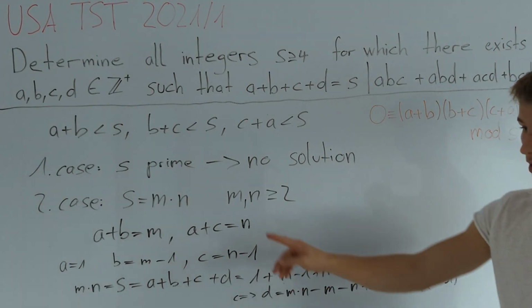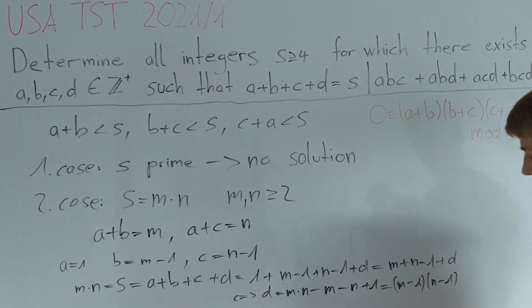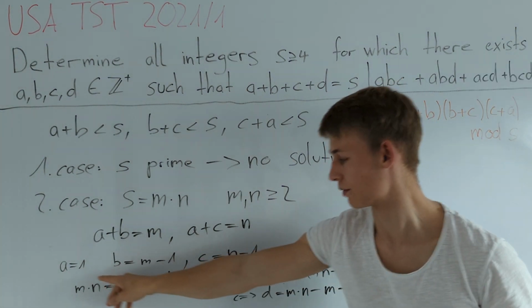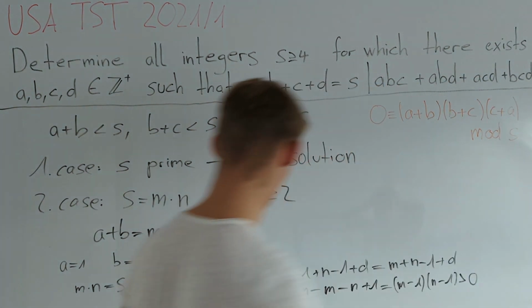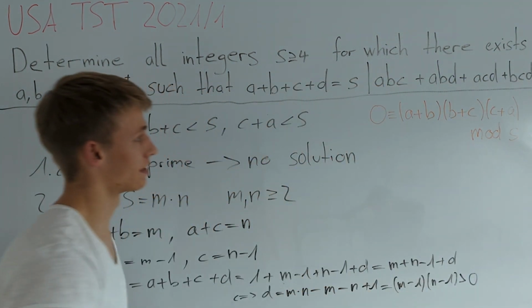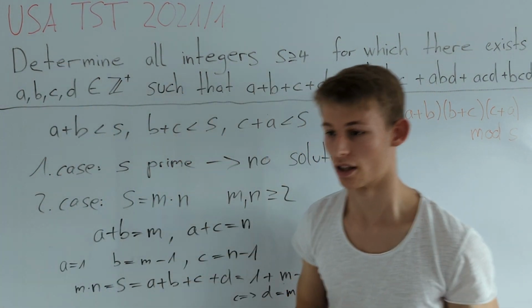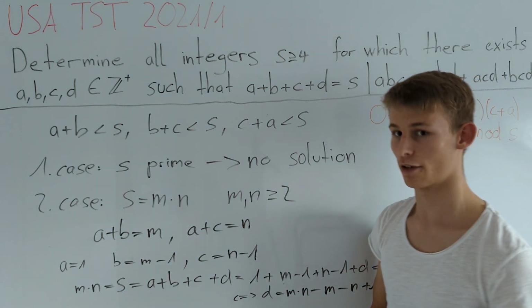But we know that both m and n are greater than or equal to 2, and thus this is greater than 0. And therefore a equals 1, b equals m minus 1, c equals n minus 1, and d equals (m minus 1) times (n minus 1) is indeed a solution. And therefore, for every s which is a non-prime number, we get a solution to our problem. And therefore, we are done.